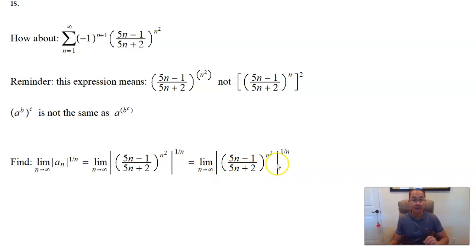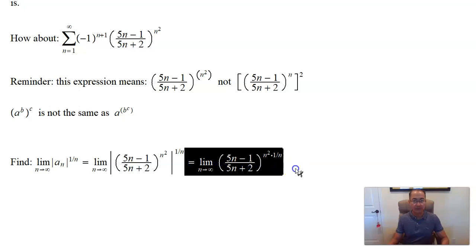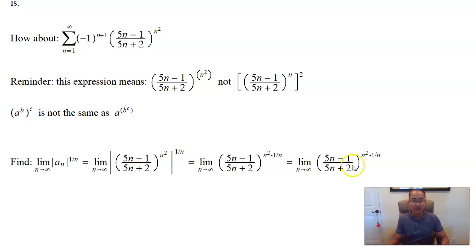Again, by the product rule, now we can take away the absolute values, and we are going to multiply the exponent by 1 over n. So n squared times 1 over n. Of course, we multiply those two together, and we will simply get n without the 1 over n.